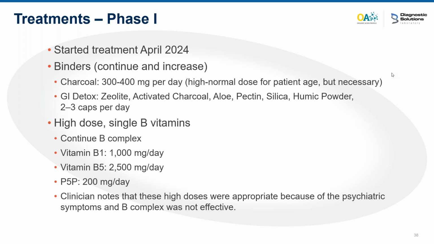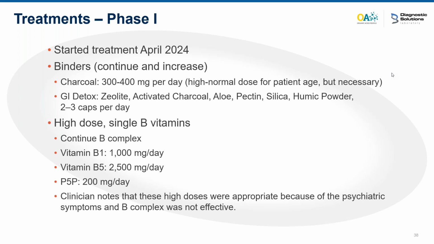The only one that I would be most concerned about is P5P at 200 milligrams a day. That is a very aggressive dose of P5P. So, and there are patients that need it, right? And there are cases of using these orthomolecular levels of these B vitamins to address illnesses.